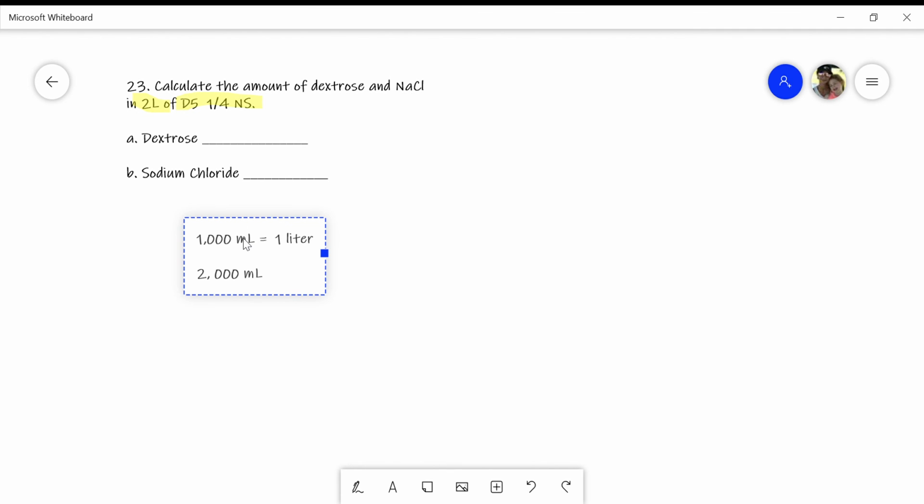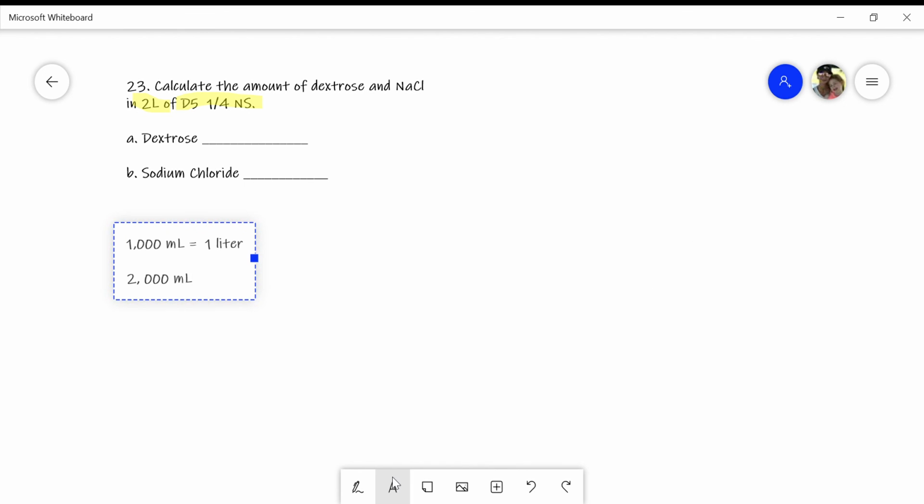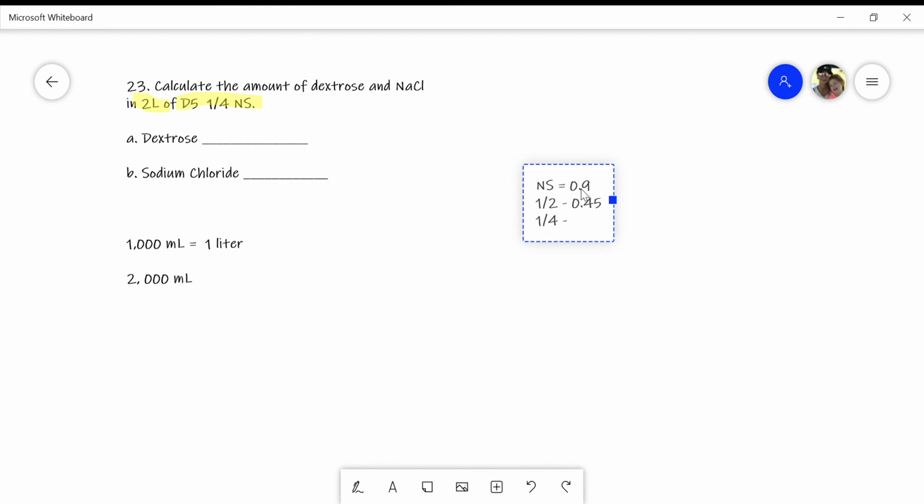And this is a standard. If it's saying regular NS, that's going to be 0.9 percent in 1,000 milliliters. And then half NS is going to be 0.45, and a quarter strength NS is going to be 0.225.